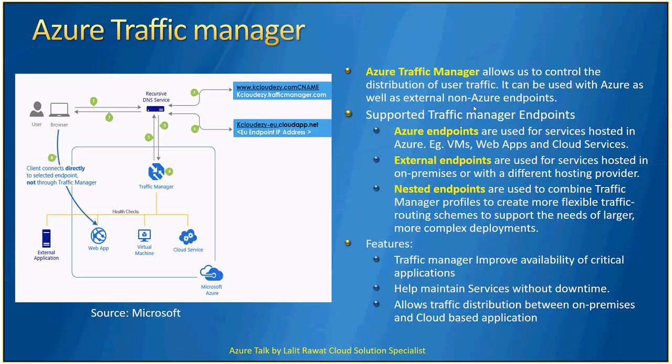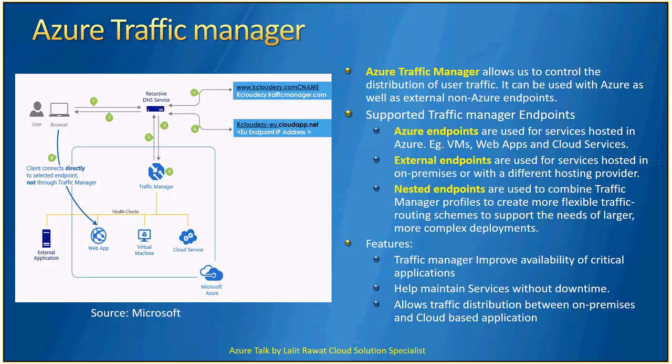So now we have discussed Traffic Manager, and this is another diagram. If you browse any application, the request goes to the recursive DNS, which searches for this particular website, and based on your configuration it is routed to Traffic Manager. Traffic Manager then has to choose where to route the traffic.